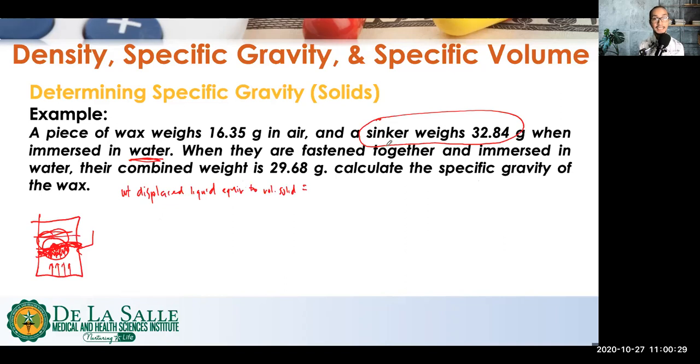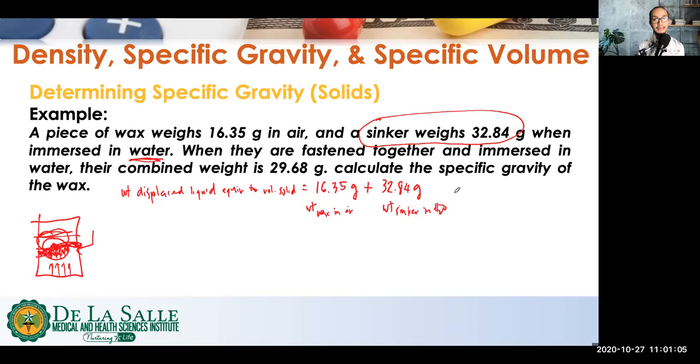For us to be able to determine that, we need the weight of the object in air. So, 16.35 grams is the weight of the wax in air. Now, when you add to it the weight of the sinker in water, 32.84 grams, this is the weight of the sinker in water and this is the weight of the wax in air.